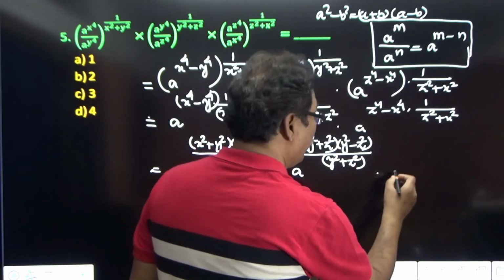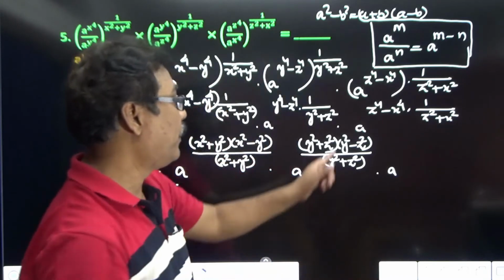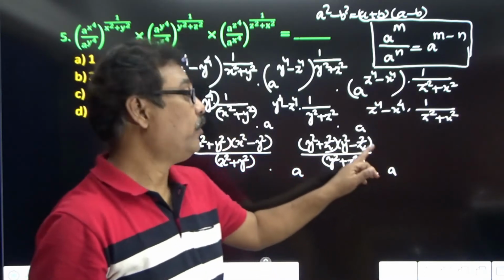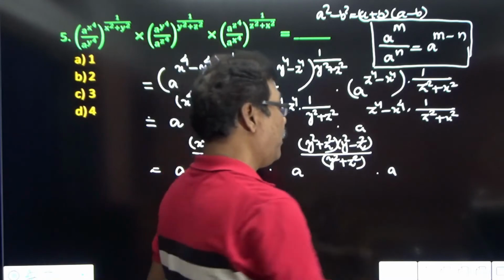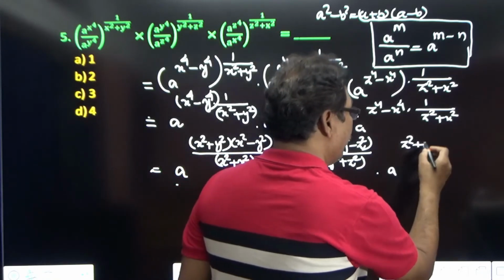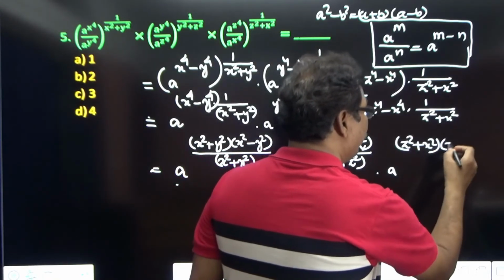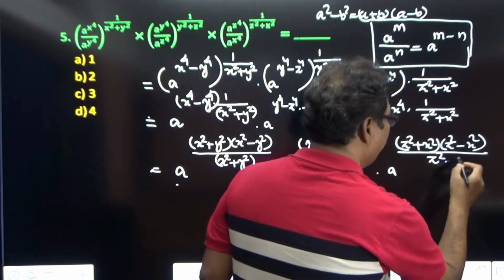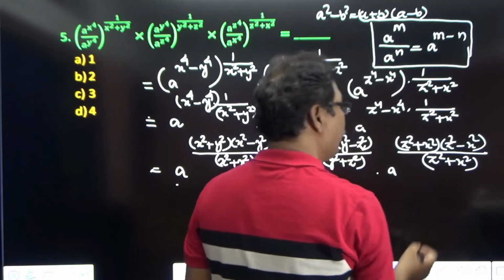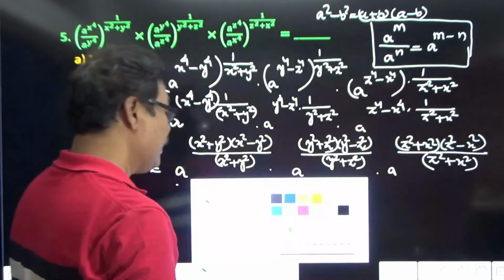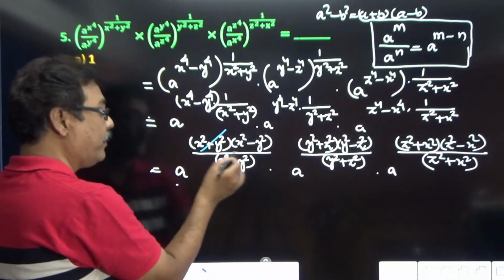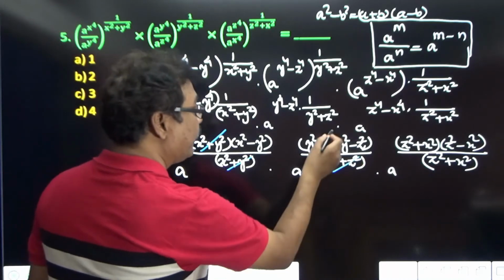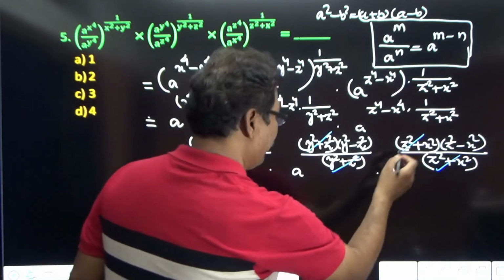And finally we will get a to the power z square plus x square into z square minus x square divided by z square plus x square. So you can see these two get cancelled, these two get cancelled, and these two get cancelled.